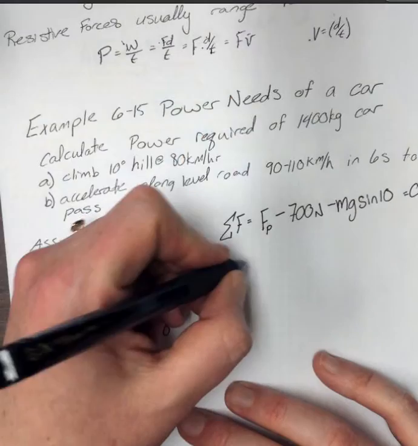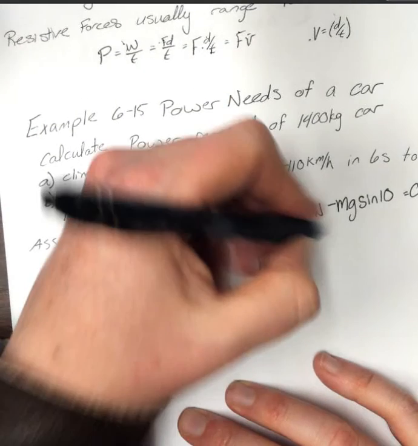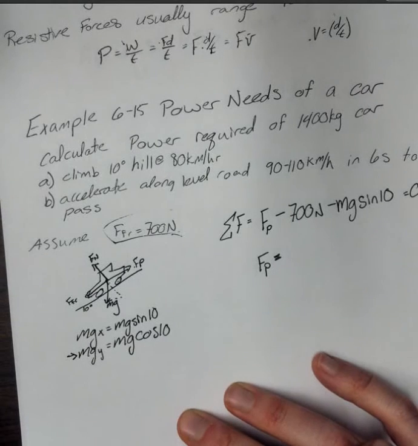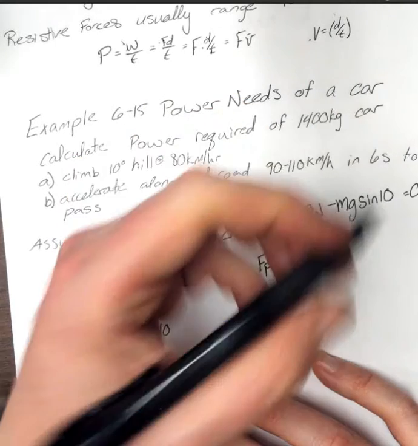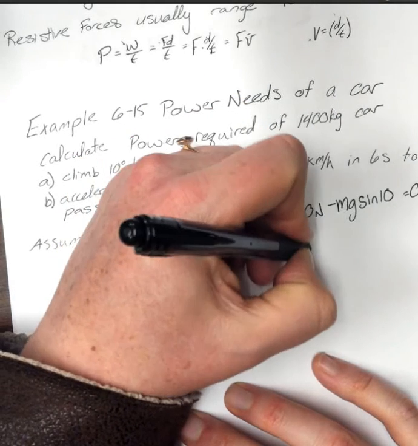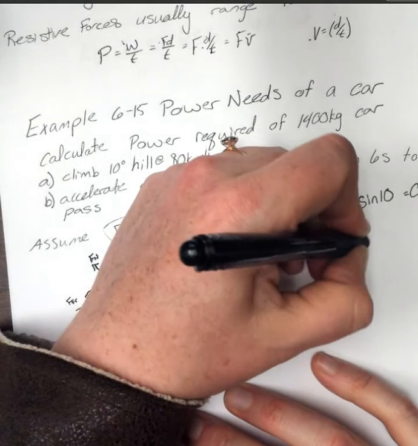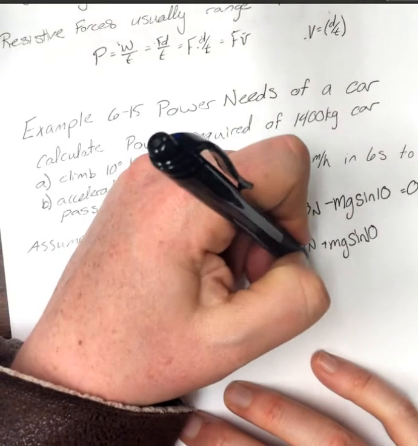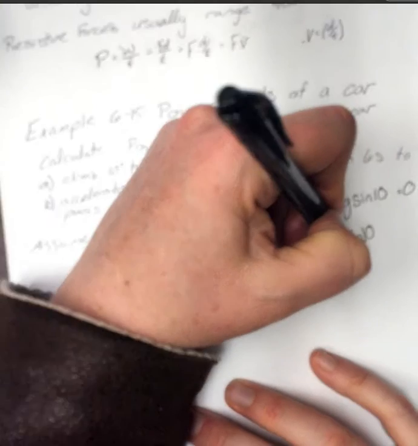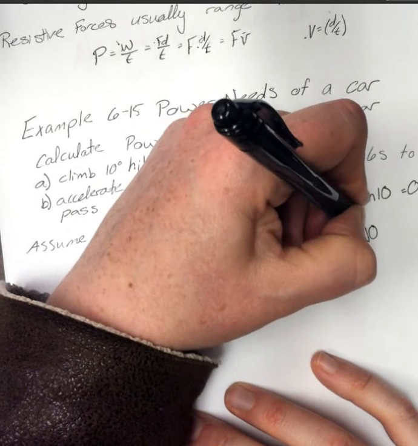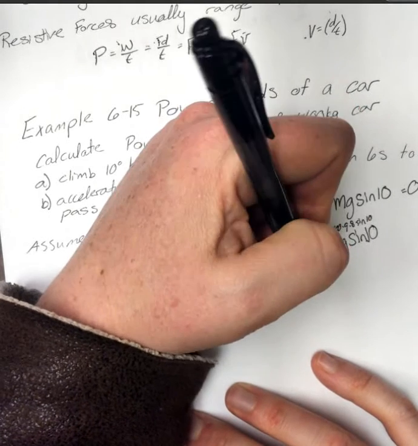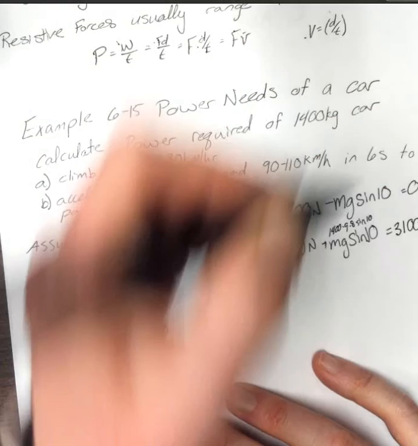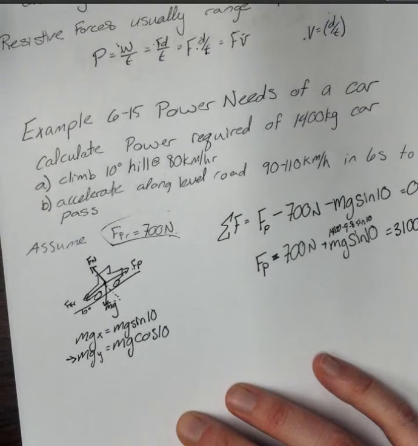So that means that the force that the car must use to move up a hill is going to be 700 newtons plus mg sine 10. We can get a numerical value for that because it's going to be 700 plus 1400 times 9.8 times sine 10, which is 0.174, and that's going to give us a total value of 3,100 newtons. So that's the amount of force that the engine must apply.